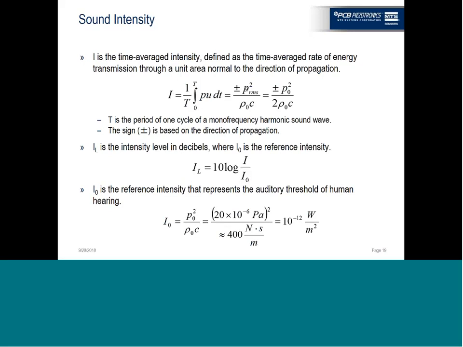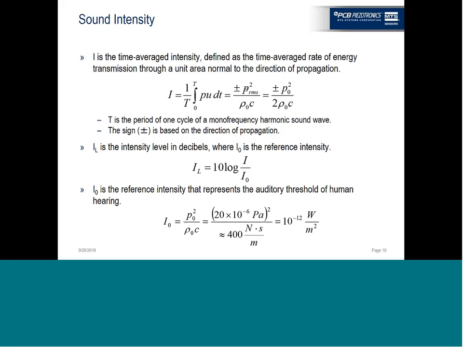P squared RMS over rho C, again, you're assuming at this point that it's a plane wave. Note that it's also equal to P0 squared over 2 rho C. In this instance, P0 isn't your specific sound intensity or your specific sound power of 20 micropascals.